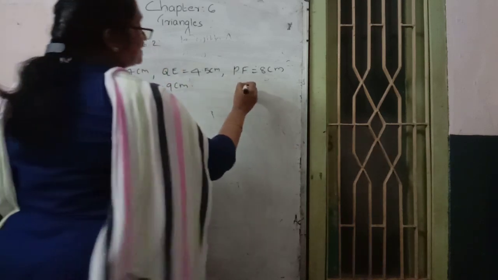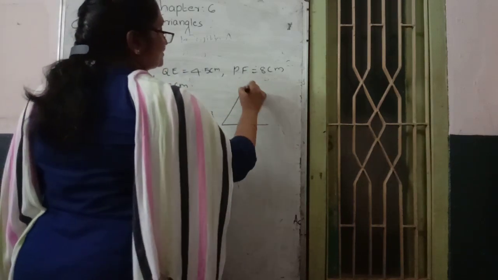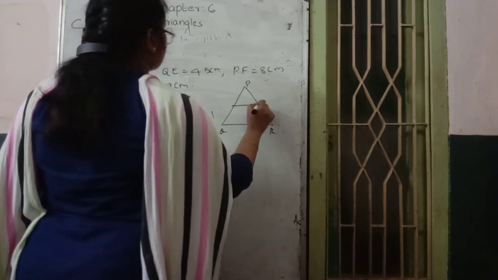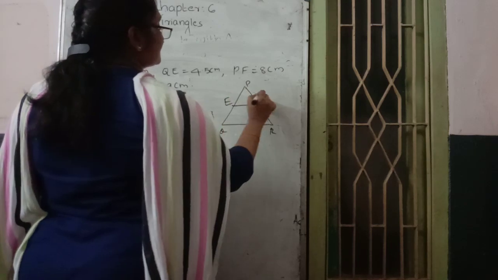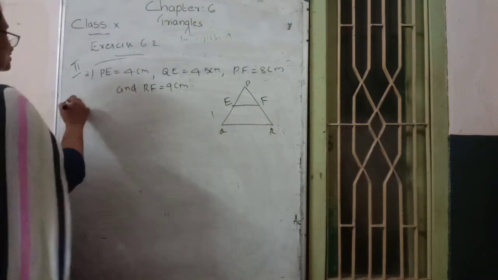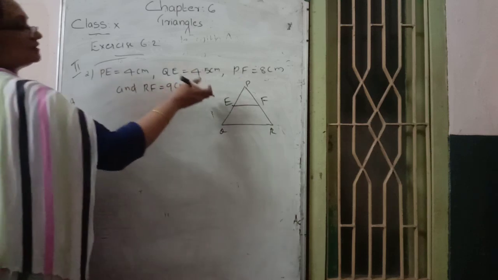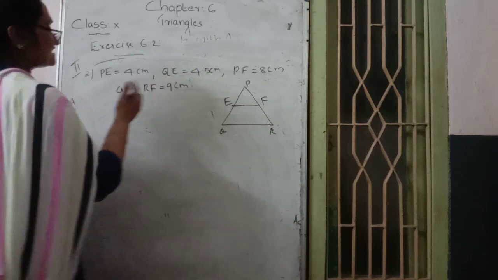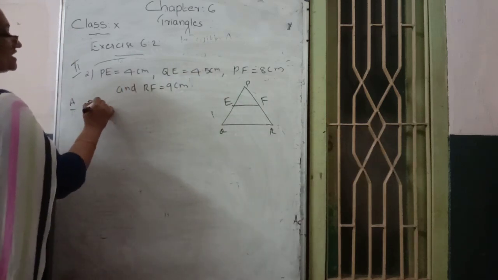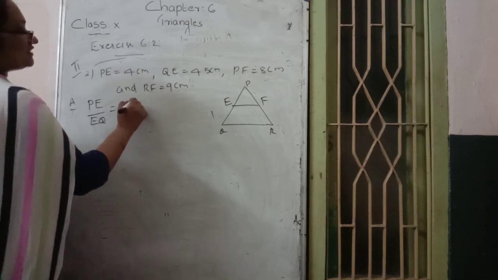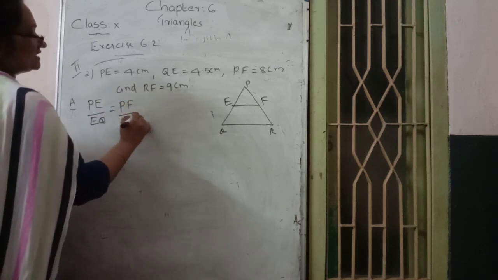In this way, first we draw a triangle, mark it as PQR, and mark the line as E and F. We want to prove that EF and QR are parallel. Checking: first we write the ratio. The line cuts the two sides in the same ratio, so we can write PE by EQ is equal to PF by FR.